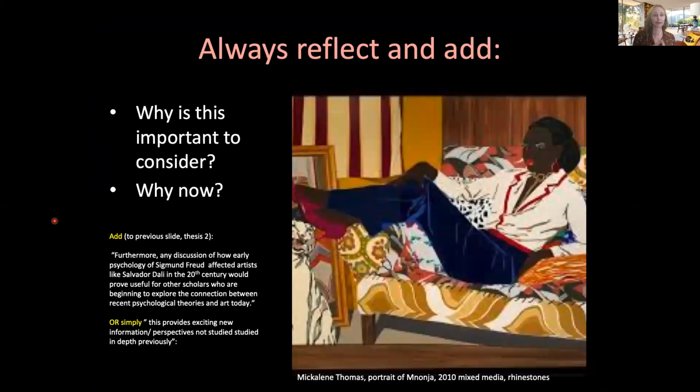So always reflect and add: why is this important to consider? Or why now? Add that to your thesis introduction.